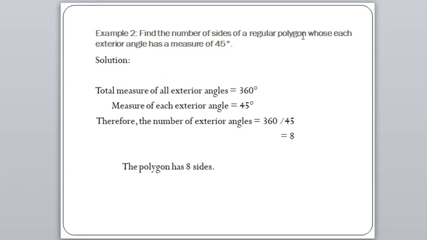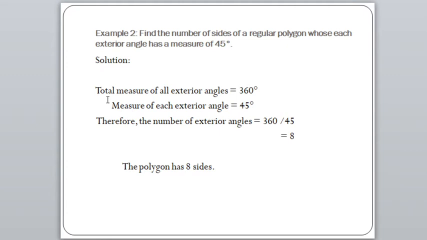Here we have to find out the number of sides of the polygon whose each exterior angle has a measure of 45 degree. Whatever angles are given in the exterior of that polygon, each angle's measure is 45 degree, and using this measure of angle we have to find out the number of sides.